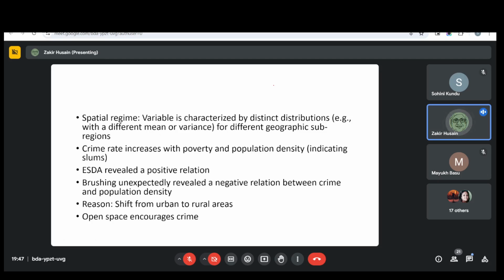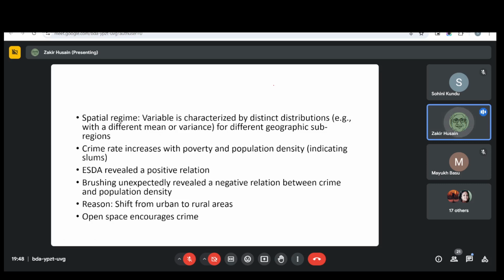So what happens is, in rural areas, it is the open space, less population density, where the crime rates are high. So you can see that there are two types of districts, one with high rates of urbanization, the other with low urbanization. And the relation between crime rate and population density varies across these two areas.